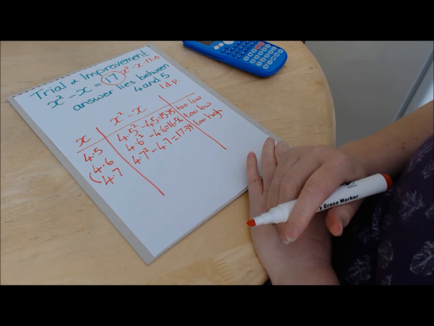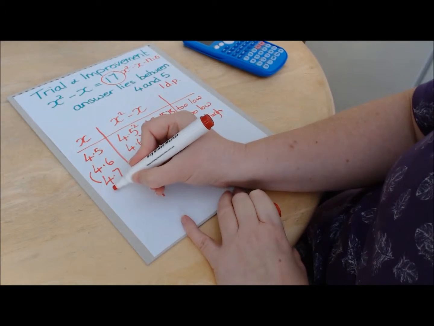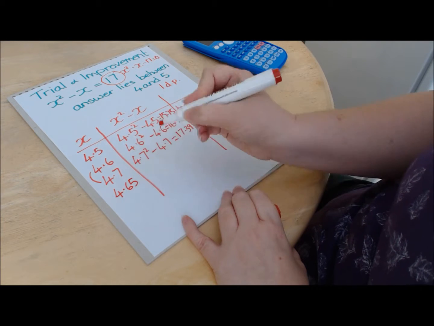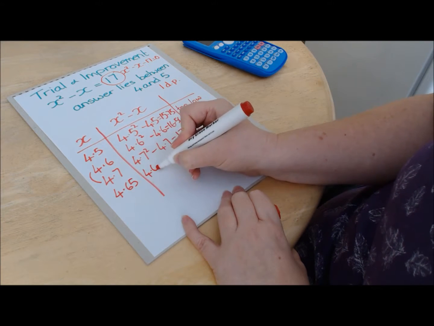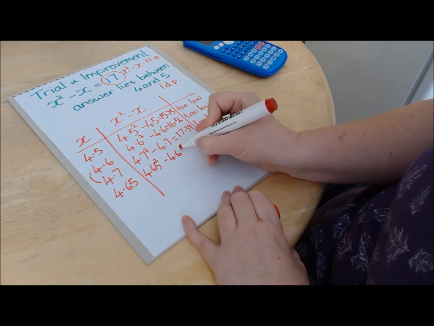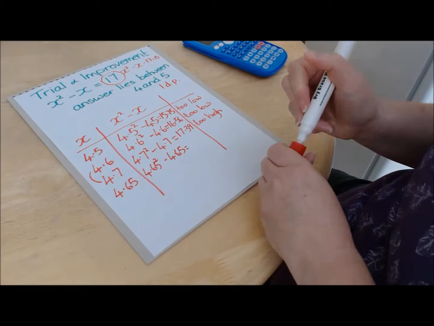So the way we can figure that out is by going to the halfway mark, which would be 4.65. So 4.65 squared minus 4.65. Let's work that out.